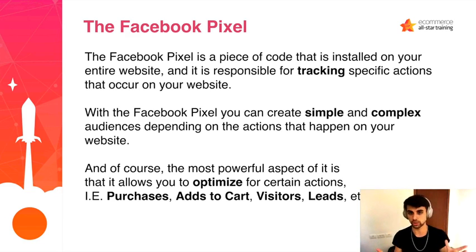And using that, you can create the simplest audiences to the most complex audiences. You can create an audience of anybody that visited the website because you have a Facebook Pixel there. You can create an audience of anybody that purchased anything on your website because the Facebook Pixel sends that info. You can create a complex audience, like anybody that added to cart but did not purchase.